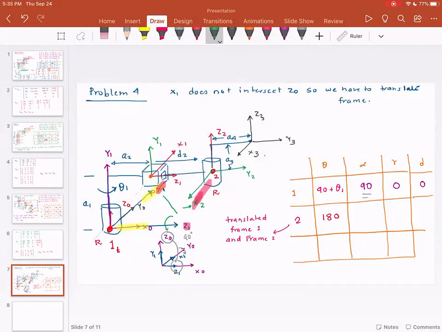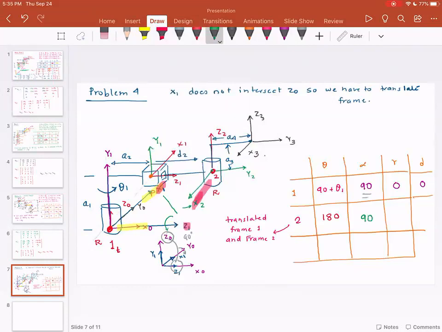That gives me 180 degrees. Now I need to look at the rotation about X2 so that Z1 gets aligned with Z2. For Z1 to get aligned with Z2, this rotation has to be 90 degrees.